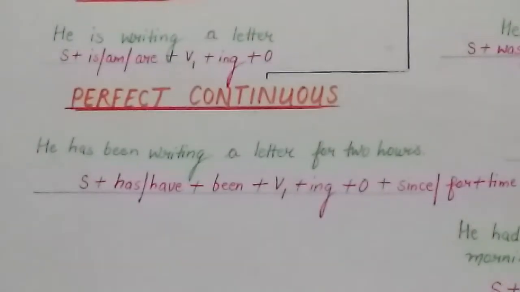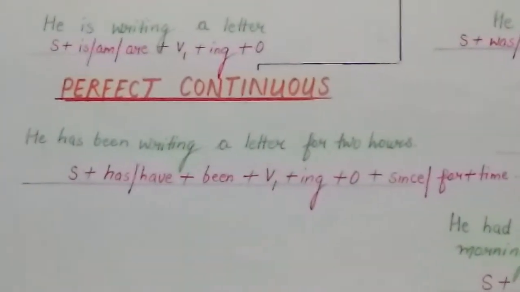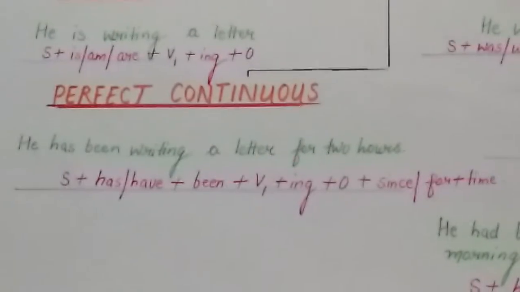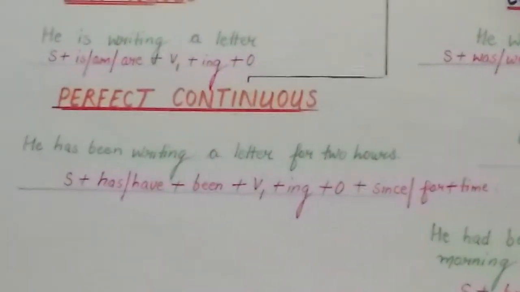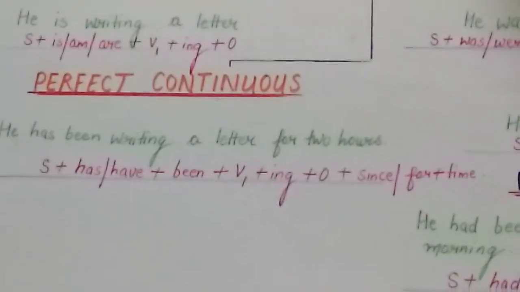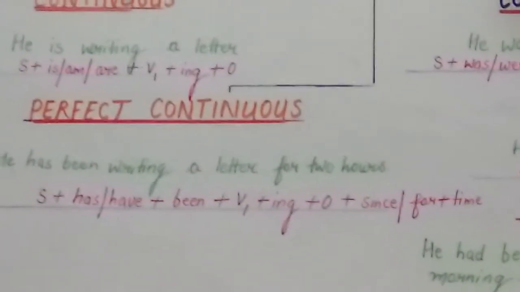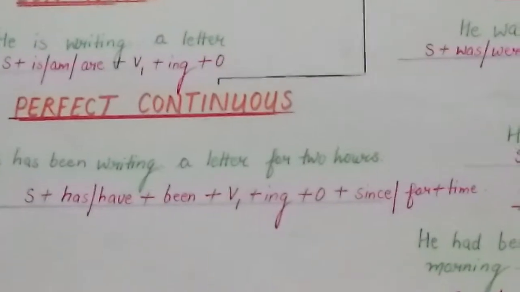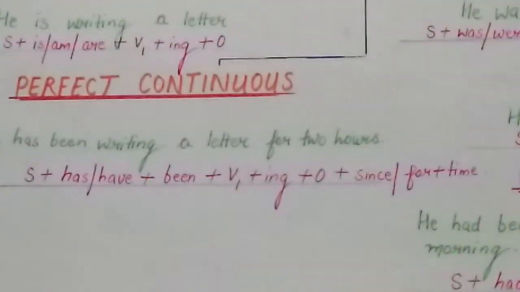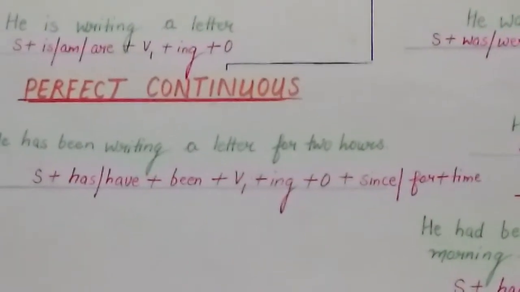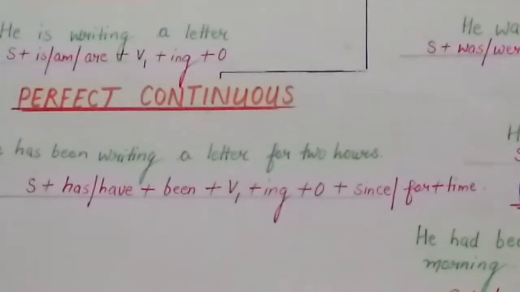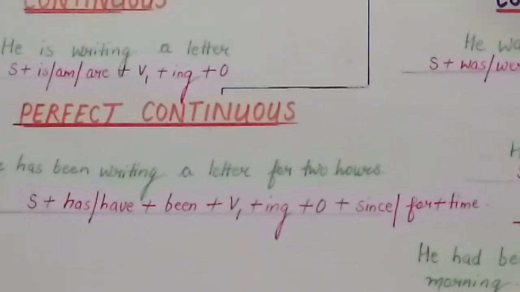Subject plus has or have plus been plus verb first form plus ing plus object plus since or for plus time. Thus, we have discussed the base structure of present tense and its 4 segmental divisions.